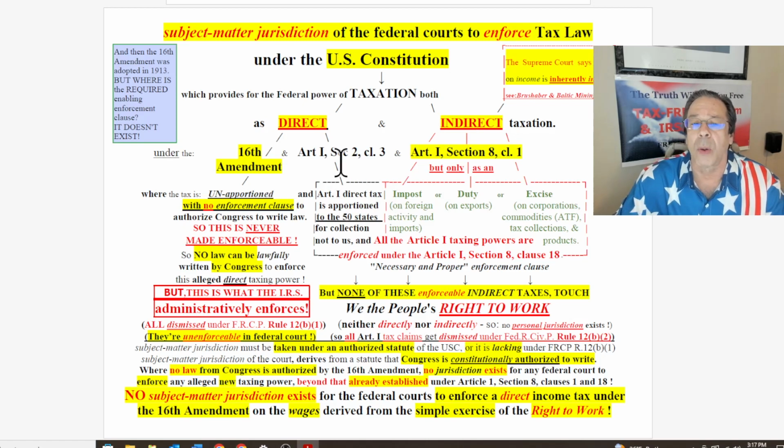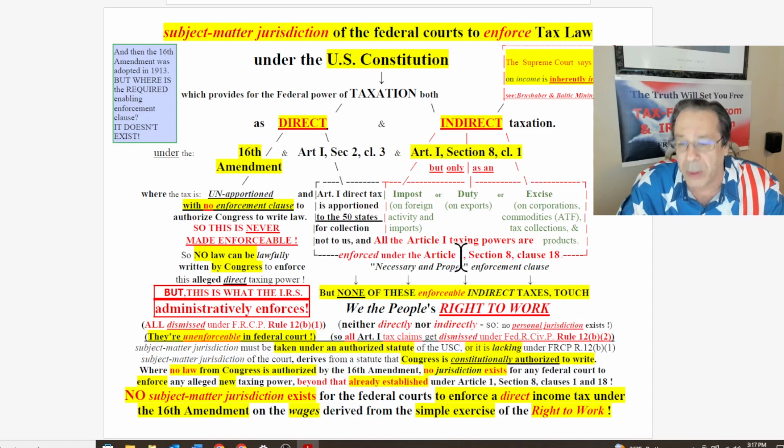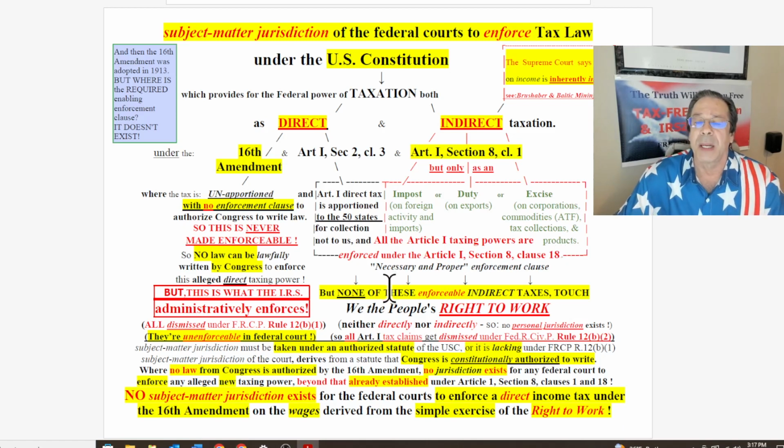And under Article 1, Section 2, Clause 3, the direct apportioned tax is enforced upon the states. But all of these powers are enforced under the original necessary and proper enabling enforcement clause at Article 1, Section 8, Clause 18. But none of these enforceable taxes touch the citizen's right to work even after the 16th Amendment. Oh, but look.